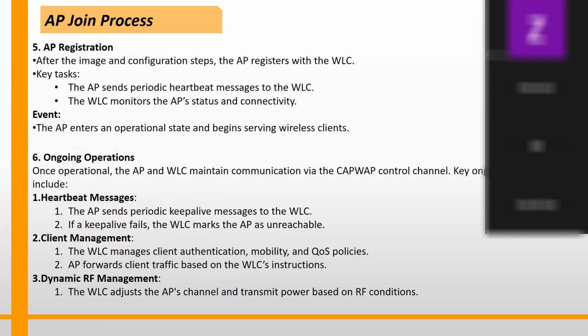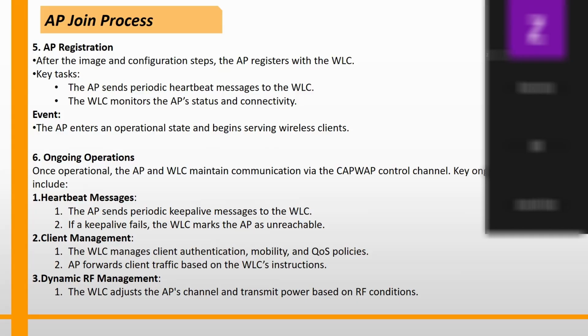So AP registration: once the AP connects to the WLC, it starts sending the traffic through the CAPWAP tunnel. Once operational, the AP and WLC maintain communication via the CAPWAP control channel.